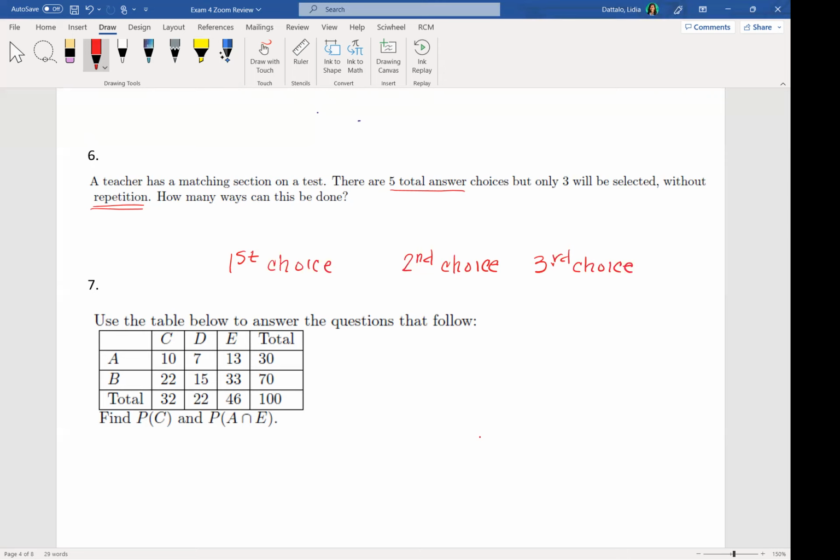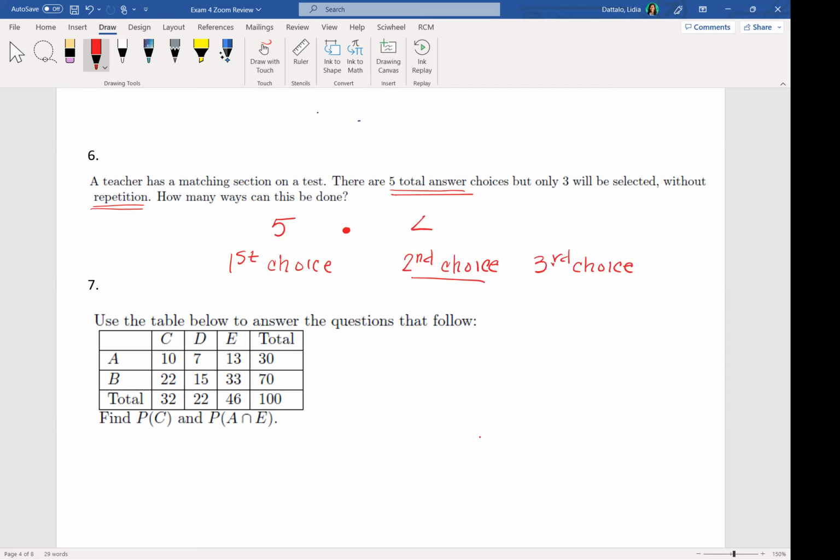Now for the first choice that you're going to make, you actually have 5 answer choices to select from. And this is going to be a multiplication rule where we take 5. Now for the second choice, there's only 4 because we are not allowed to repeat.